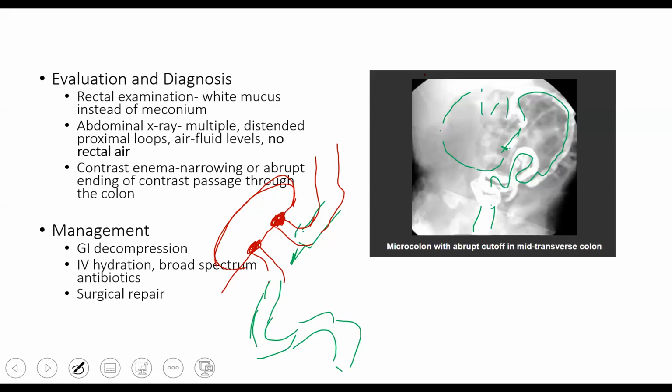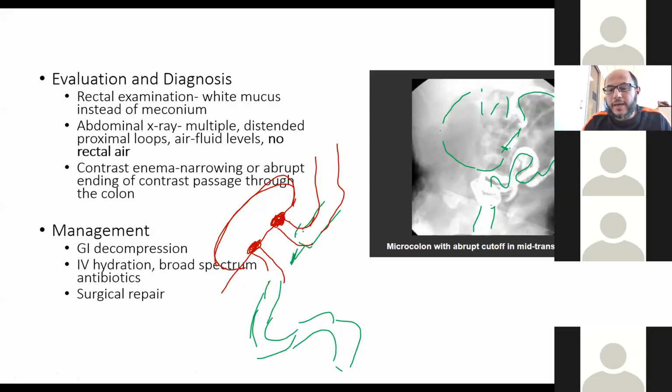If the gap is very small, then most likely they're just going to do a reanastomosis and that's it. But if the distance is long, there's no way to bring edge to edge together. Usually they come with a colostomy and fistula, and then they monitor the baby. Once the baby grows up, later on they will do the reanastomosis, or open and revise. Hopefully it's clear.